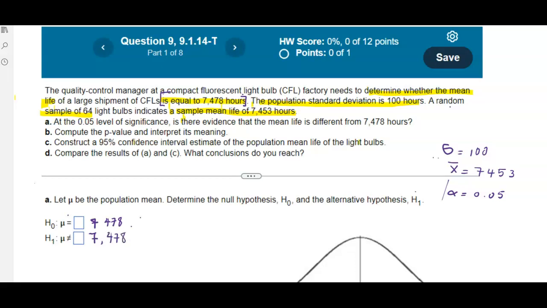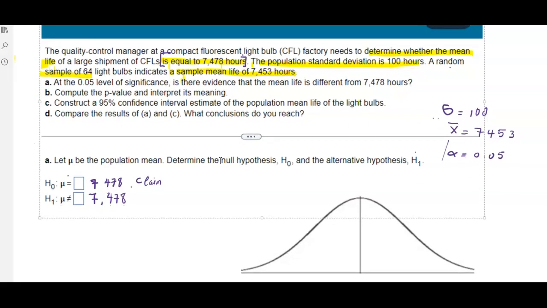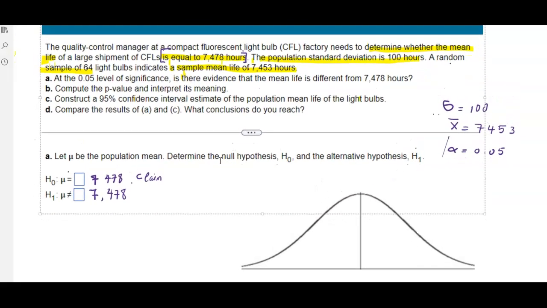The claim would be the top one because that's what is written in the text. How can we proceed? First, we're going to use the p-value method, because part B asks us for the p-value, so it makes sense to use the p-value method.